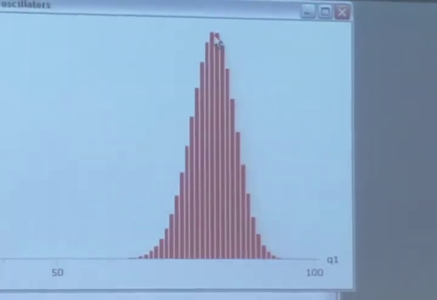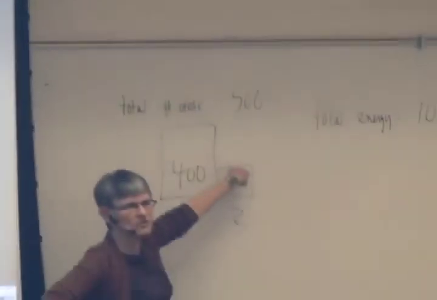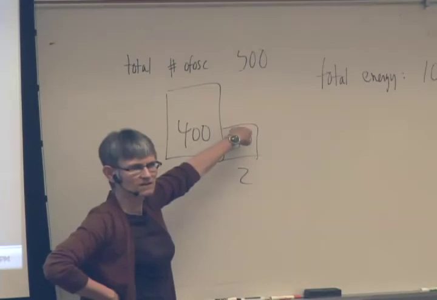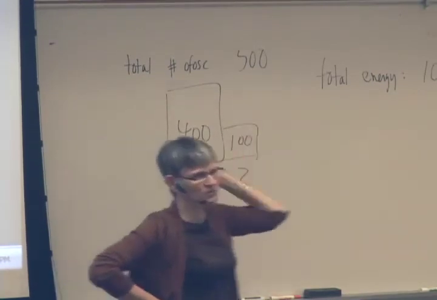But what we see is that in this case, the most probable situation seems to be 80%. So it looks like 80% of the energy is in this block and 20% of the energy in this block. Is this surprising? Not really, is it? There's just a lot more places to put the energy.